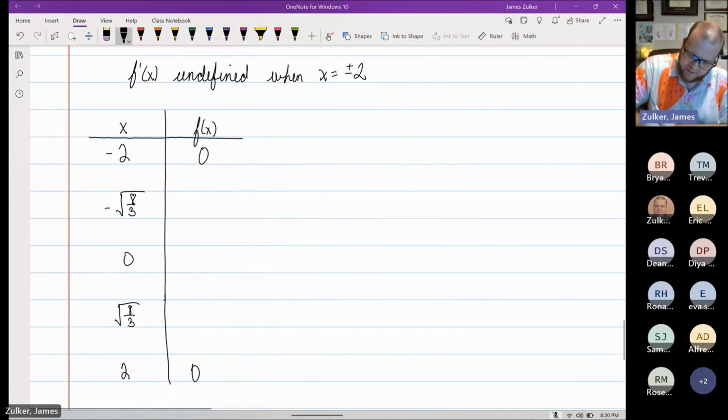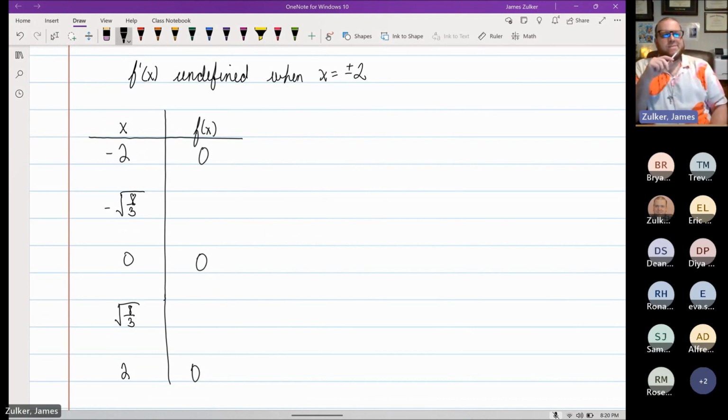And 0 is easy. Now, what about plus minus root 8/3?